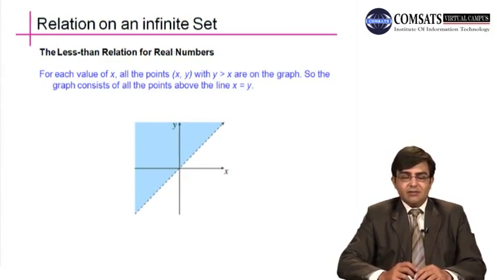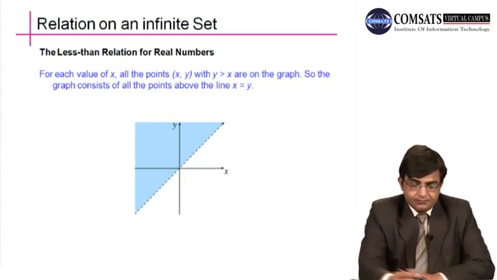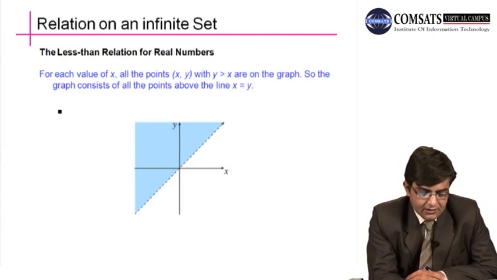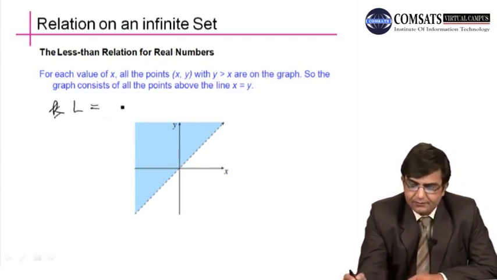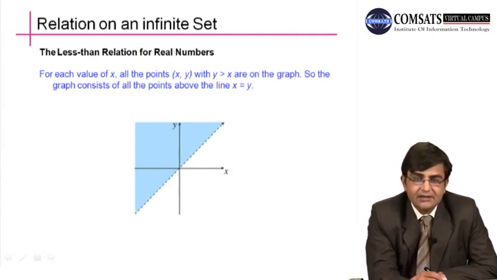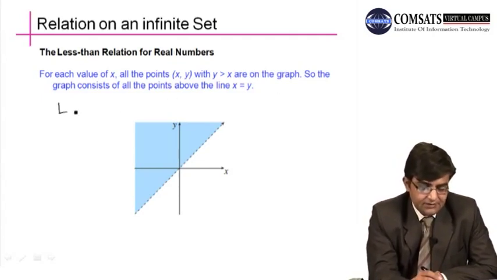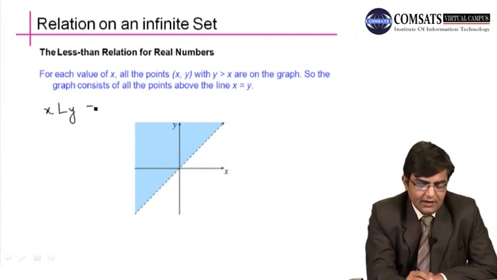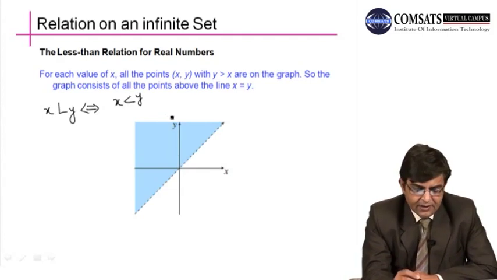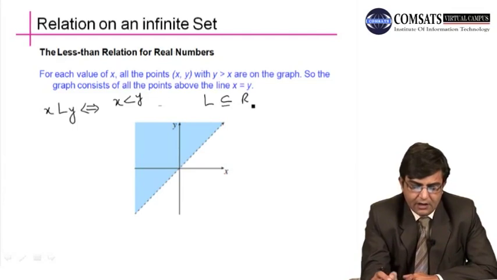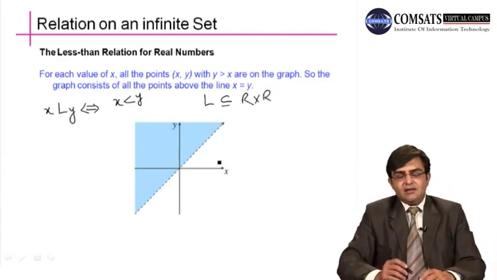This relation is a subset of the Cartesian plane, because A cross A. The relation L is: x is related to y if and only if x is less than y. Here the relation L is a subset of R cross R, where R cross R is the Cartesian plane.